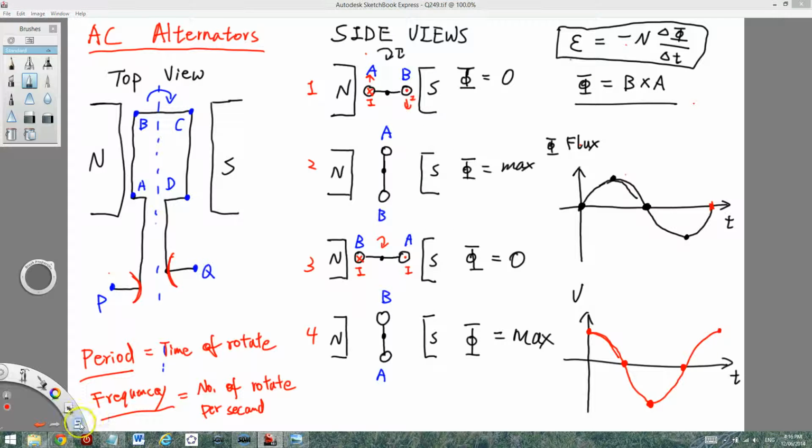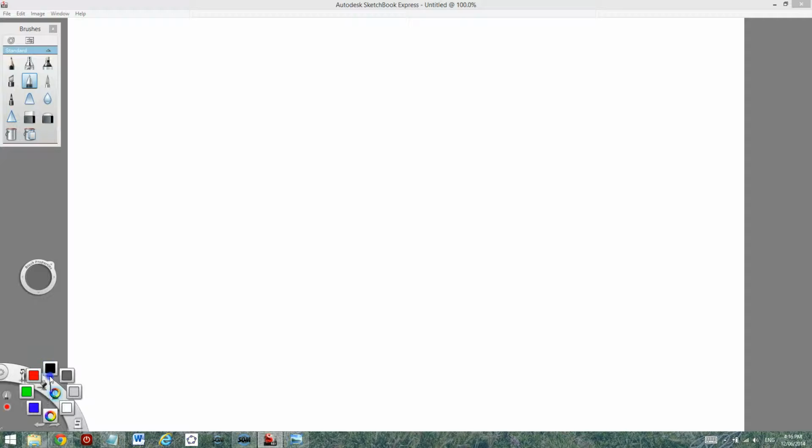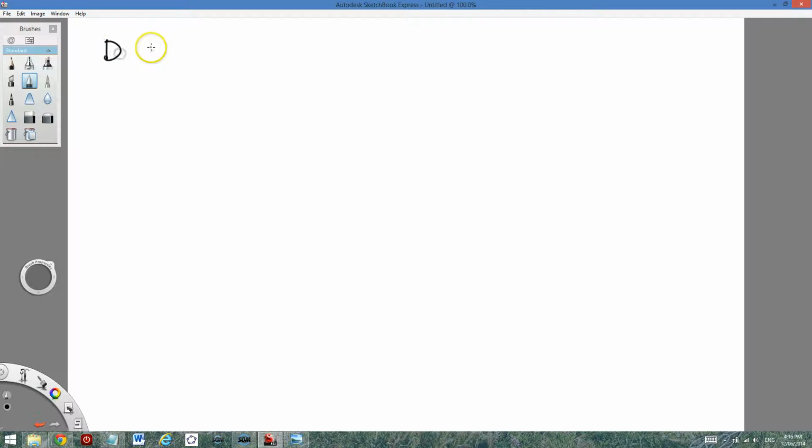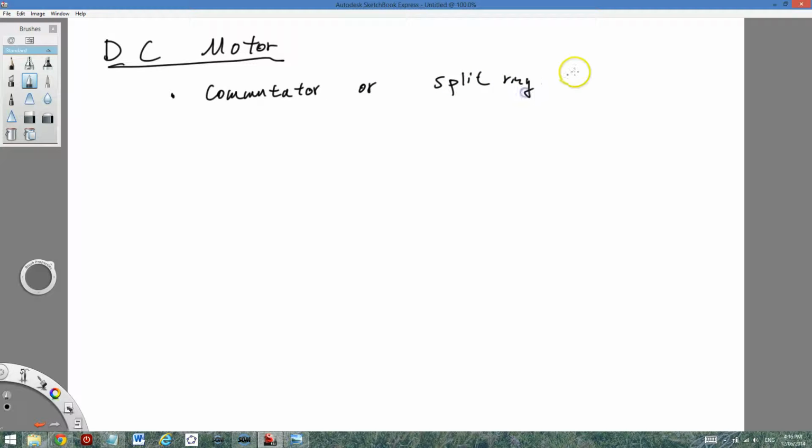Now there's a lot of confusion about this. Just remember, in a DC motor we have something called the commutator, or split ring commutator. What does it do? Remember this?